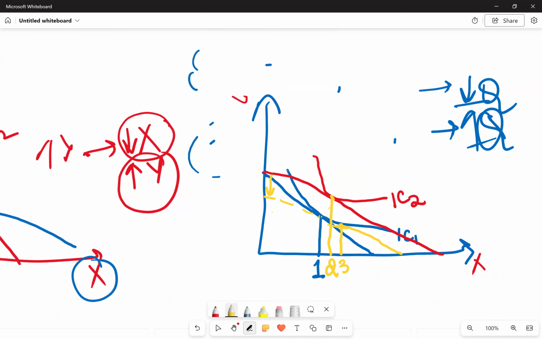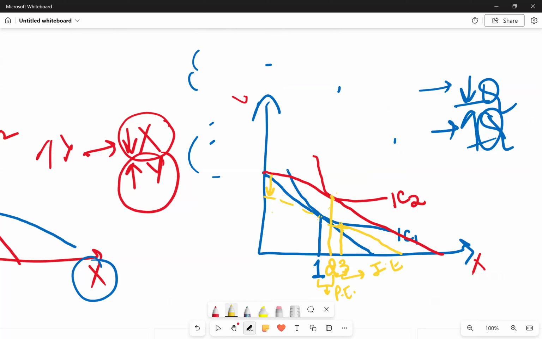So, due to this relative price change, the movement from 1 to 2 will be your price effect. Okay? But the movement from 2 to 3 is because of change in income, because income decreased after that, right? Yes, ma'am. So the 2 to 3 movement would be the income effect.